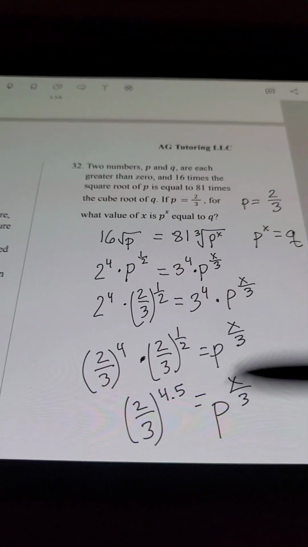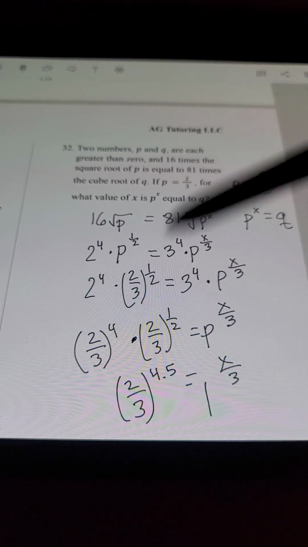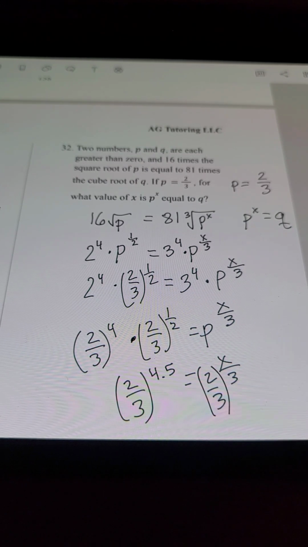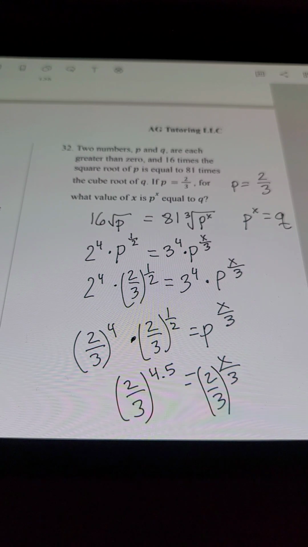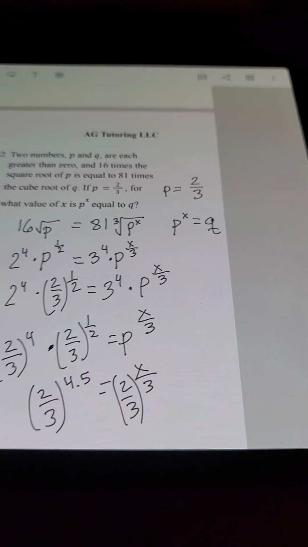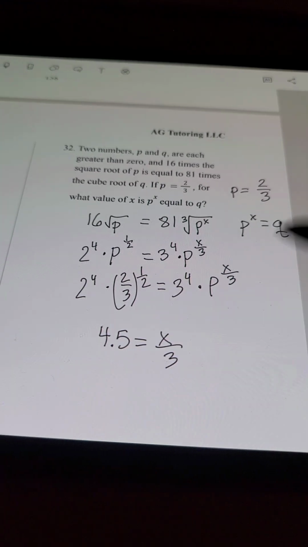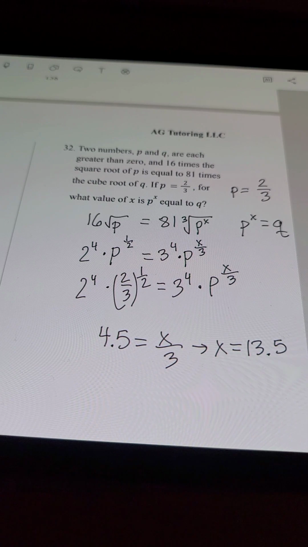Now remember, p is equal to 2/3, so instead of p there, 2/3 being raised to the x over 3. So if this is truly equal, 4.5 must equal x over 3. So 4.5 is equal to x over 3. And if I multiply each side by 3, I'm going to get that x is equal to 13.5 as my answer.